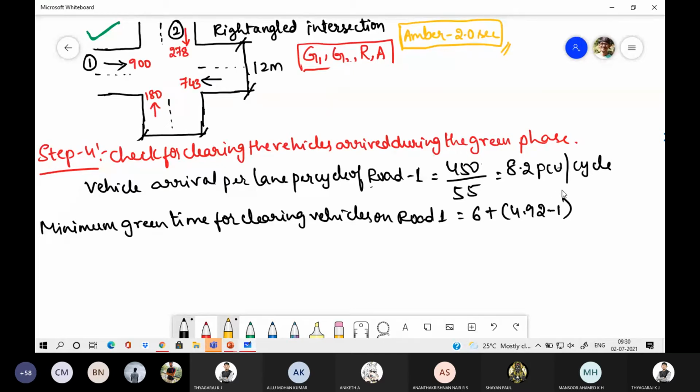Plus 1 into 2. So for road 1 it is 6, the width of the road, plus 8.2 minus 1 into 2, so we are going to get 20.4 seconds, which is less than 29 seconds.